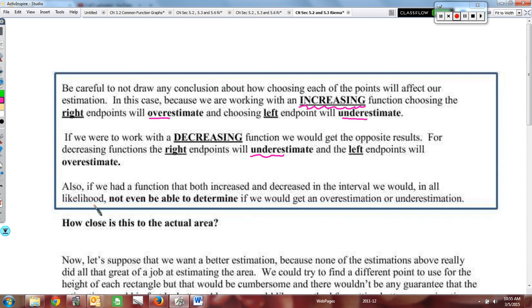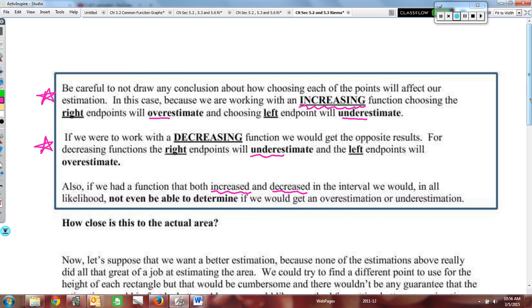But the idea that every function only does one thing on the interval is usually not likely to happen unless they've manufactured it. In that case, if the function both increases and decreases, we would not be able to determine over or underestimate. On the AP, they would only ask you for an over or underestimate if it was only increasing or only decreasing.